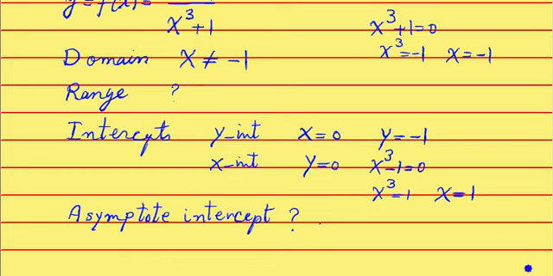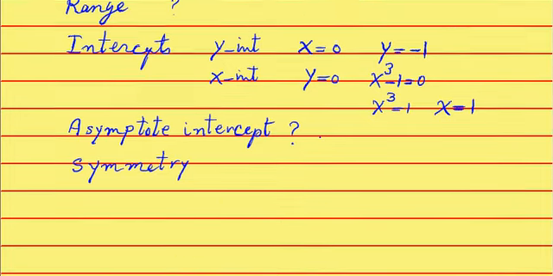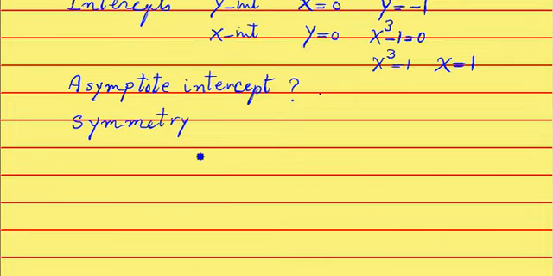Next issue is symmetry. Does this function have any symmetry? So what do we do? Very basic symmetries are symmetry with respect to the y-axis, which requires that the function be even, f of minus x to be the same as f of x.